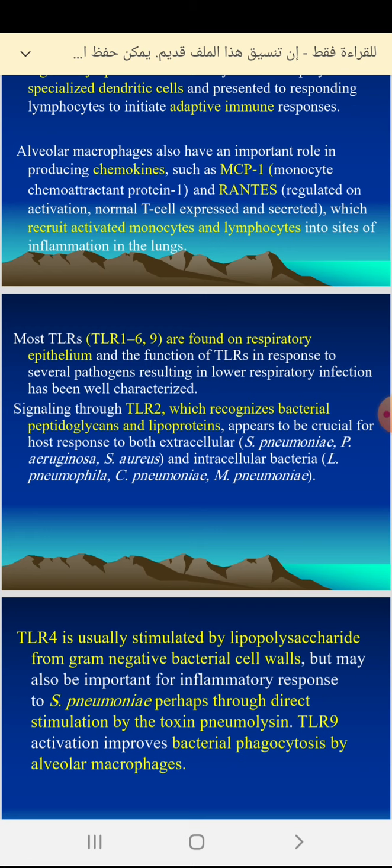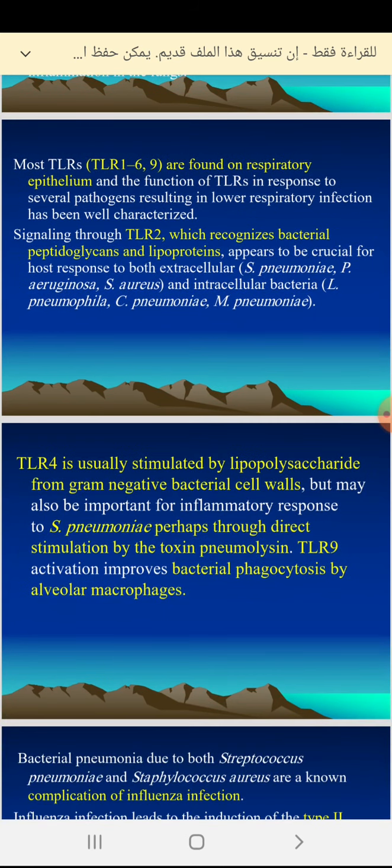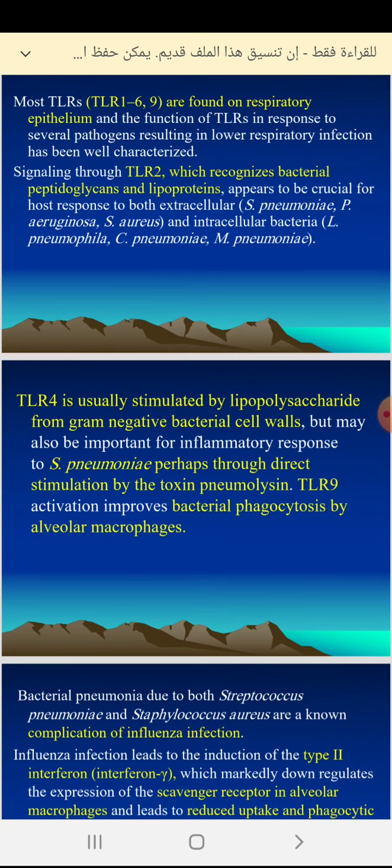Most toll-like receptors, toll-like receptors 1 to 6 and toll-like receptor 9, are found on respiratory epithelium, and the function of toll-like receptors in response to several pathogens resulting in lower respiratory infection has been well characterized. بالنسبة للtoll-like receptor 2, which recognizes bacterial peptidoglycan and lipoprotein for both extracellular and intracellular bacteria.